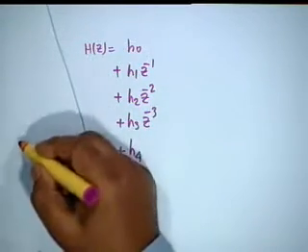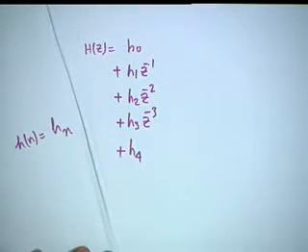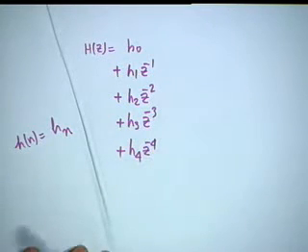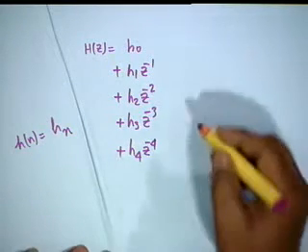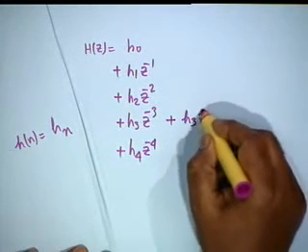I am writing h(n) as h subscript n. They are identical. I just don't want to write these brackets again and again. Then h5 is the same as h3. So I write here h3 z to the minus 5.